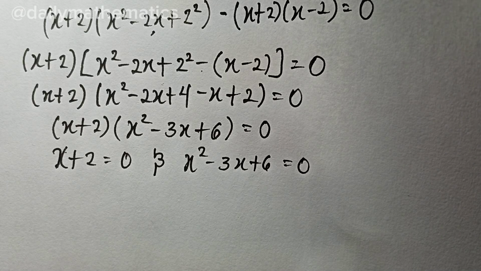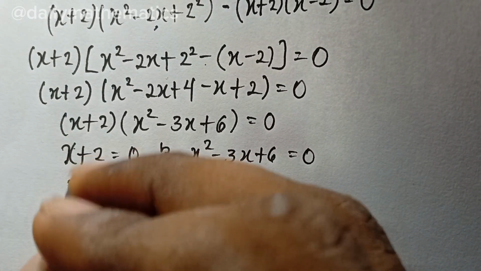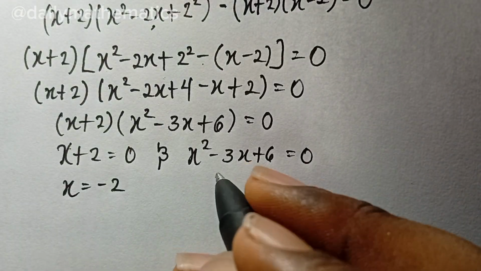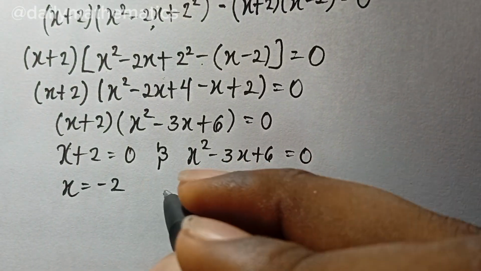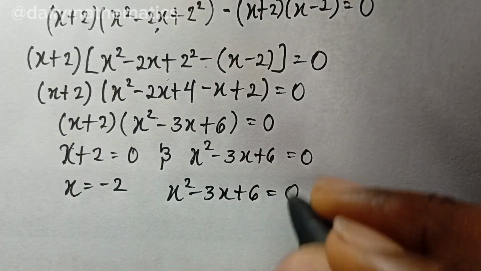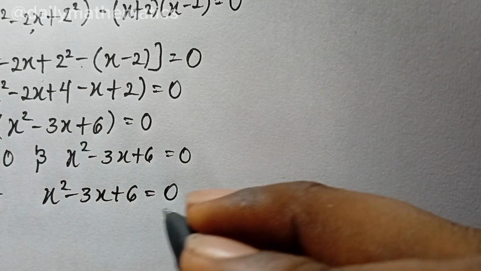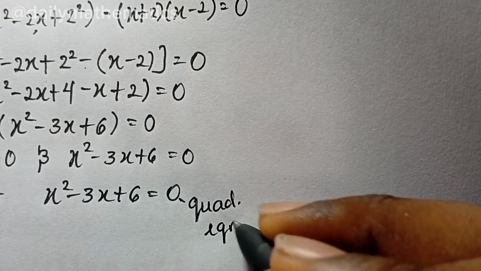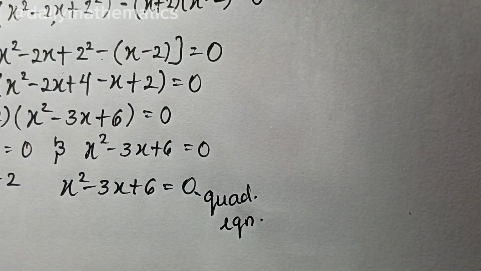And so from here, what can we do? So from here we have x equals minus 2, and here we have a quadratic equation. We have x squared minus 3x plus 6 equals 0, which is a quadratic equation. So for a quadratic equation, what do we do?